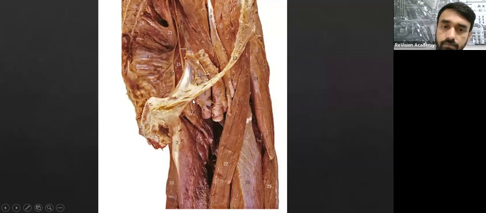This allows space when intra-abdominal pressure or venous return increases, helping to increase the diameter of the femoral vein. There is one lymph node here. You have to understand all these boundaries and contents.